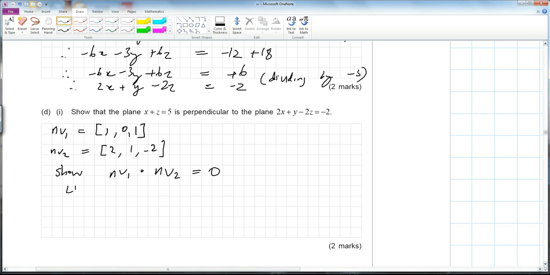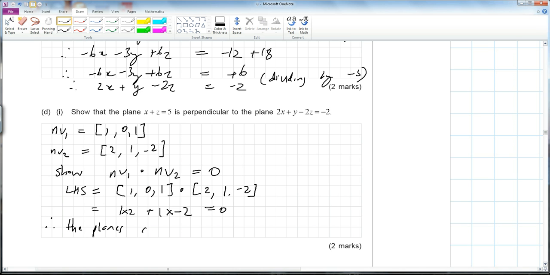So 1, 0, 1 dot product with 2, 1, minus 2 equals 1 times 2 plus 1 times minus 2, which equals 0. So therefore they are perpendicular to each other.